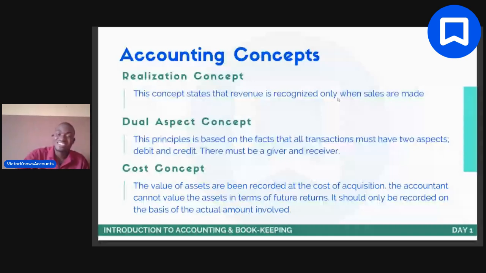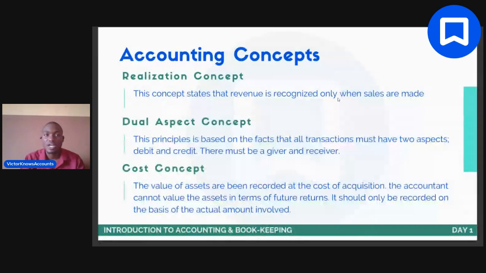That's what we know as the historical cost concept. So the historical cost concept is telling you that you should maintain the value of your asset at the time of purchase. All right. That's that for accounting concepts.